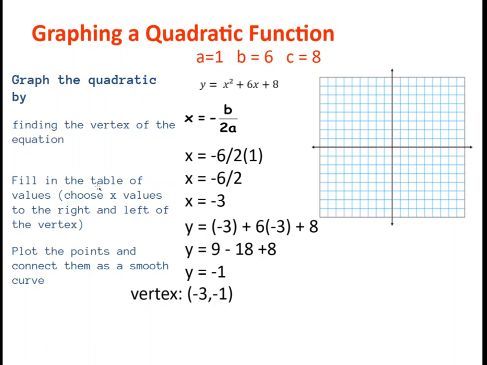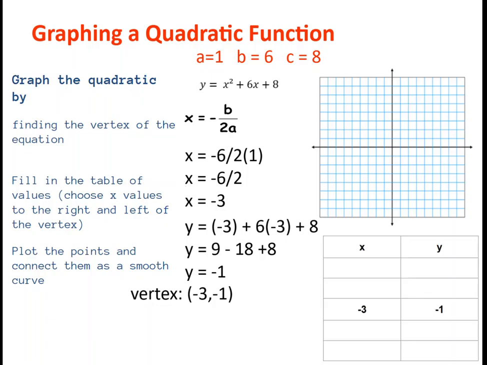We're going to fill in our table of values from choosing x values to the right and left of that vertex. So again, quadratics are cool because they're symmetric. So whatever I get for these two boxes above the -3, they're also going to be the same y values for the two boxes below the -3.